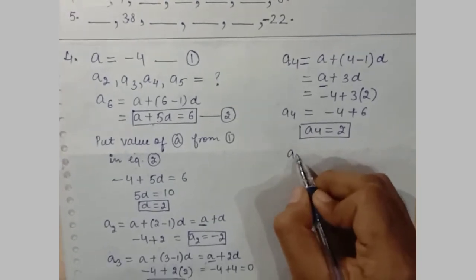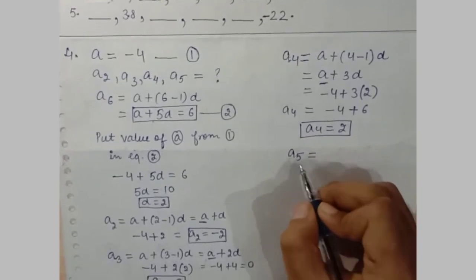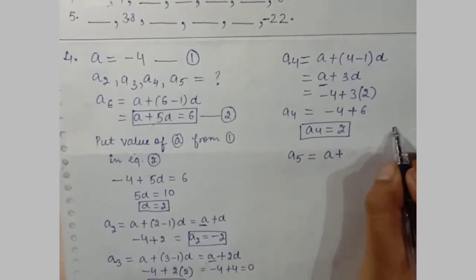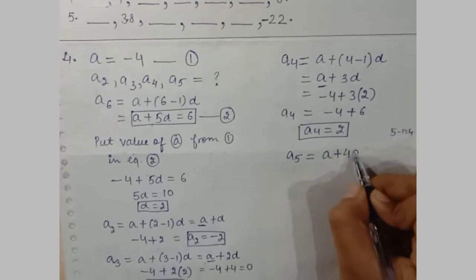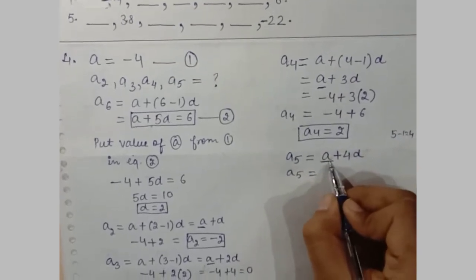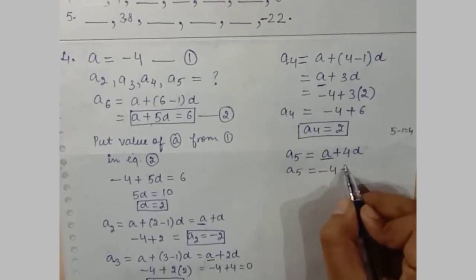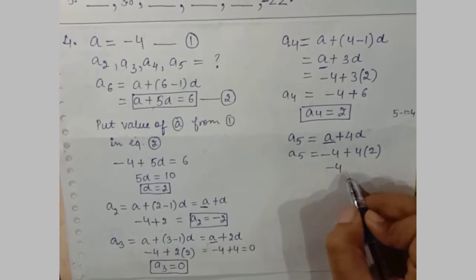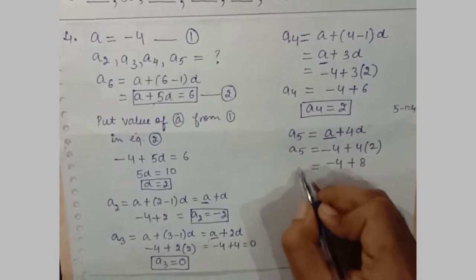For the fifth term, we write a5 is a plus 5 minus 1, 4d. a5 is a is minus 4 plus 4 into 2, minus 4 plus 8.